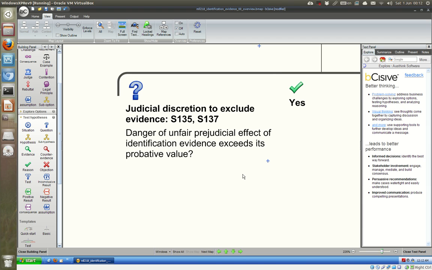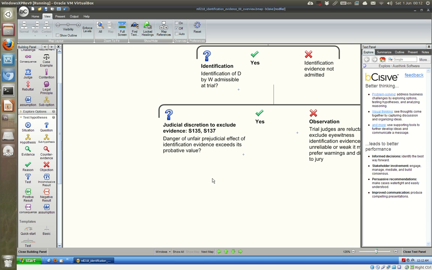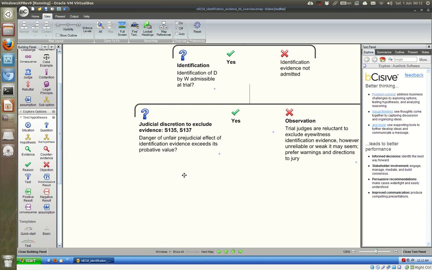So every time identification evidence is admitted, there's always the probative value, its value as evidence of moving the process along, but there's also the risk that simply in the act of identifying the accused, there could be a certain prejudicial effect, and in some cases the prejudicial effect is considerable.